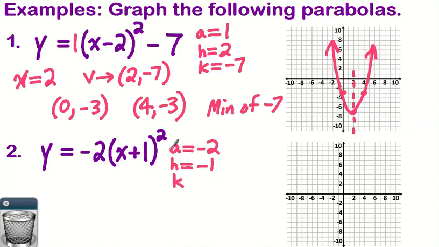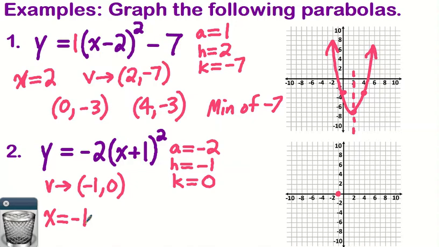So wouldn't it be an invisible plus 0? So my k value is 0. So that just means my vertex is literally h comma k, so negative 1 comma 0. So right there, if I was actually drawing the graph. And that means my axis of symmetry, you could just say really quick, is x equals negative 1.